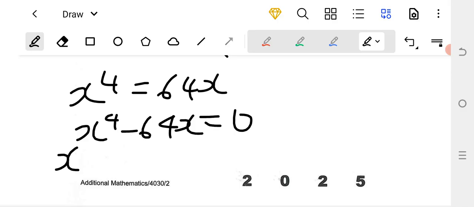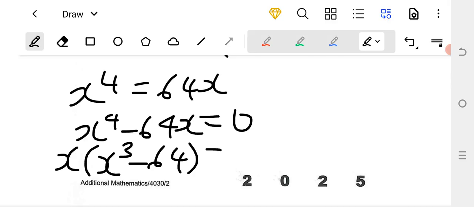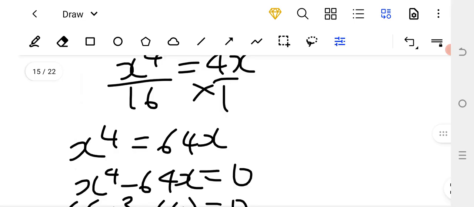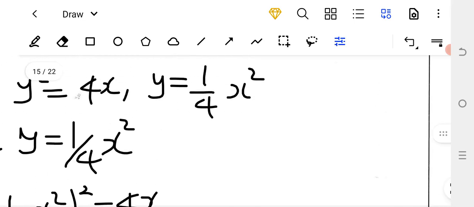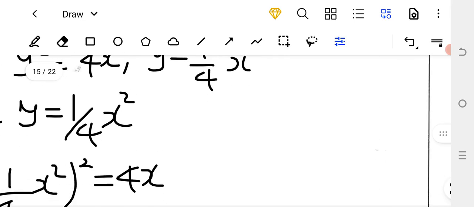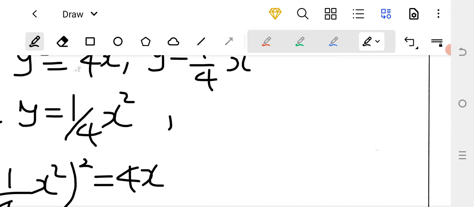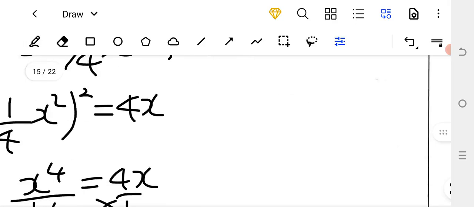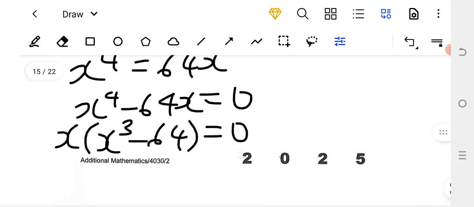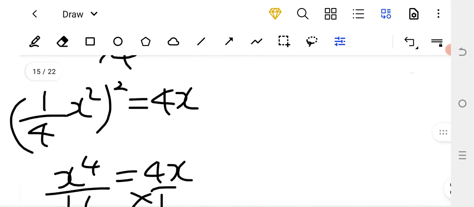You factor out x, you're going to remain with x to the power 3 minus 64 is equal to 0. So when we solve this equation, we are going to have x is equal to 0, or x cubed minus 64 is equal to 0.